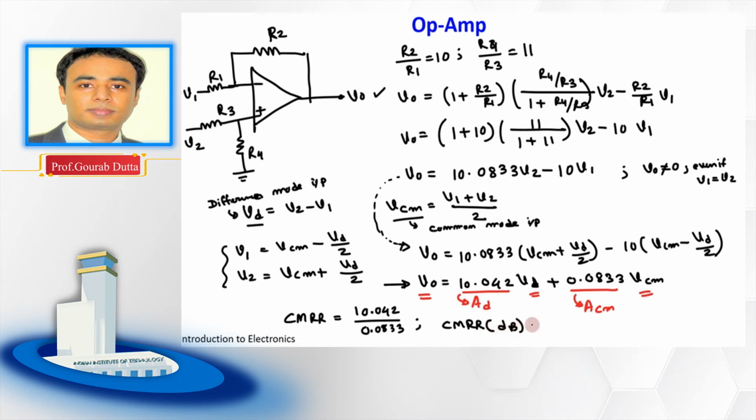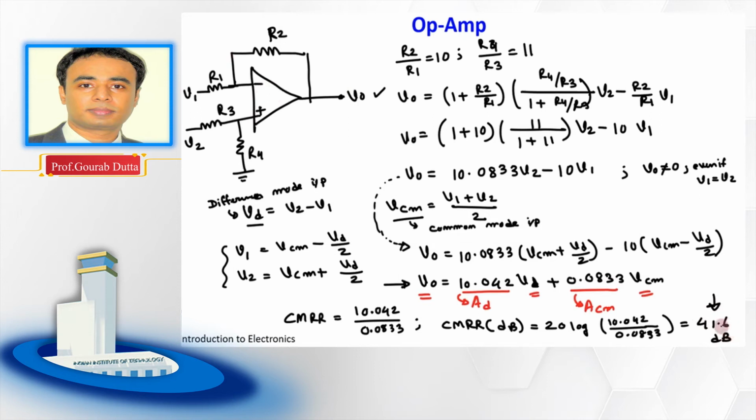So in dB it will be 20 log of 10.042 by 0.0833, and here all are positive, so we are not giving the mod, otherwise you have to give the mod. If you estimate this, it should come like this dB, right? So you can see here that the CMRR, or the common mode rejection ratio, for this difference amplifier is actually pretty high, which is 41.6 dB, right?